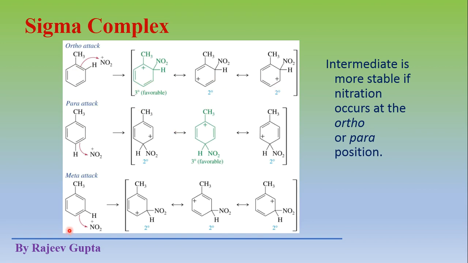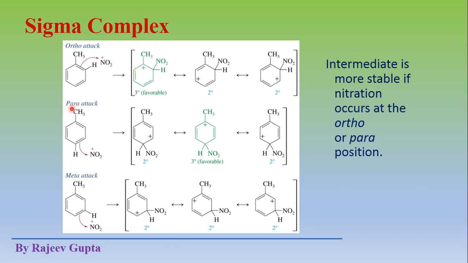Here in all the three cases, we get 3 resonating structures of the sigma complex. So the number of resonating structures is the same in all three cases, where ortho attack, para attack and meta attack take place, but the stability will be checked on the basis of other factors. See, here the positive charge goes here, here and here.